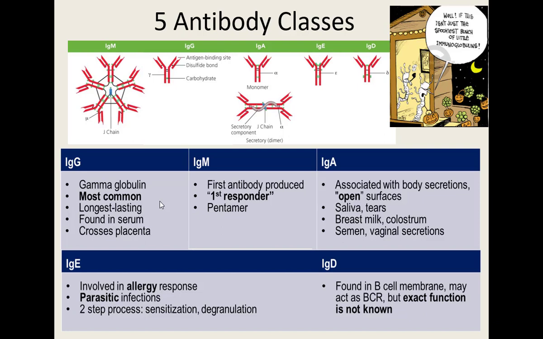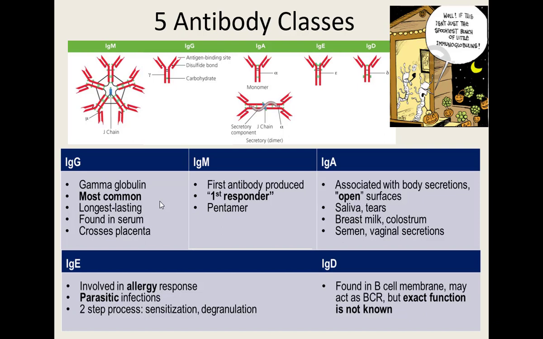But then every other time you're exposed to something, and you're exposed to lots of things all the time, you make lots of IgG. It's also the longest lasting, which makes it the most common. It is found in blood. That's the serum, the liquid portion of the blood. And it can cross the placenta, which means it does provide a developing infant some protection. Again, most things can't cross the blood barrier from the placenta, but a few things can.